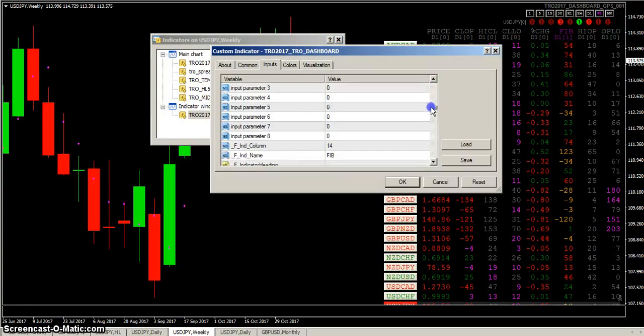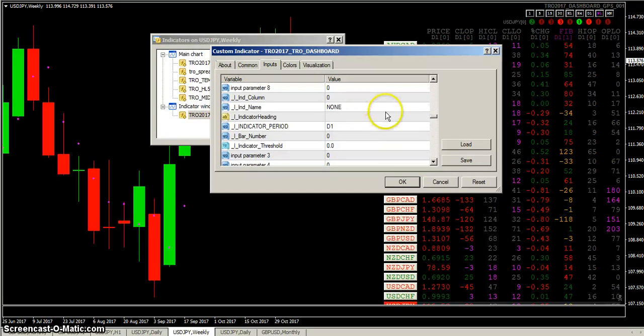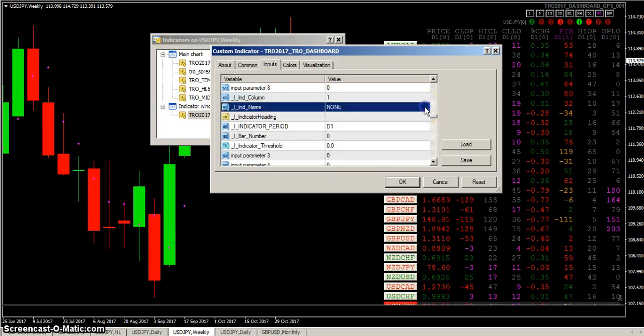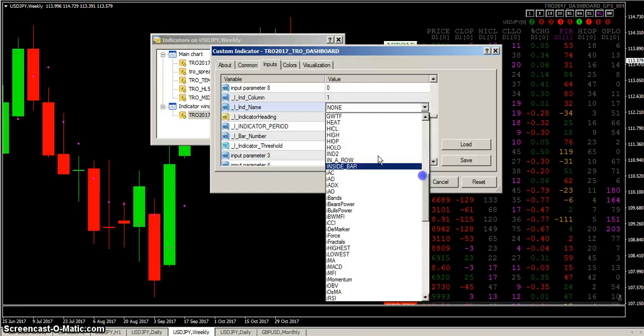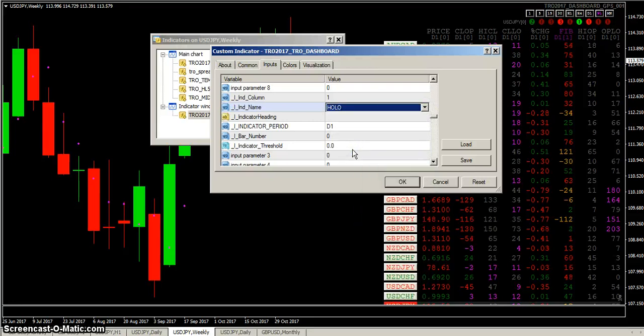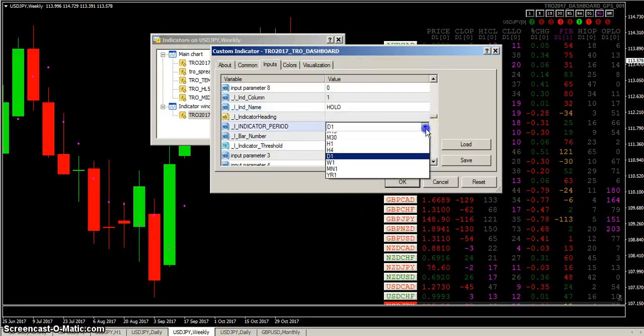Dashboard, let's just come down here. Let's see, up low, that's H, so right here we can put column 1, and we can put in the holo zone indicator period.